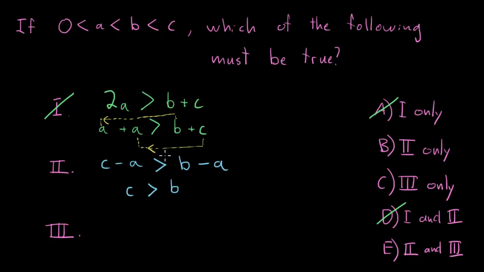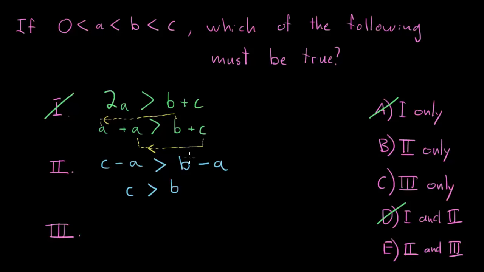And I'm allowed to do that, right? For addition and subtraction, inequalities are exactly the same as equations. I can add the same thing to both sides. I can subtract the same thing from both sides. So if I have a minus a on both sides, I can just get rid of it by adding a to both sides. So Roman numeral 2 can be rewritten as c greater than b.